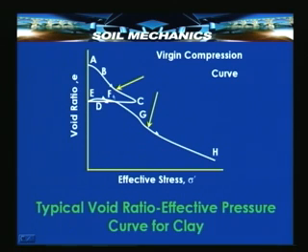This is typical of all clays, and this is known as a typical e sigma dash curve. Very often this curve is known as the e-p curve, p standing for pressure in general.